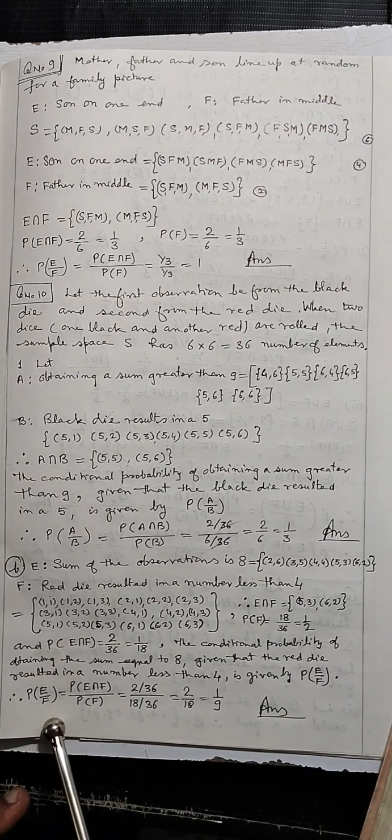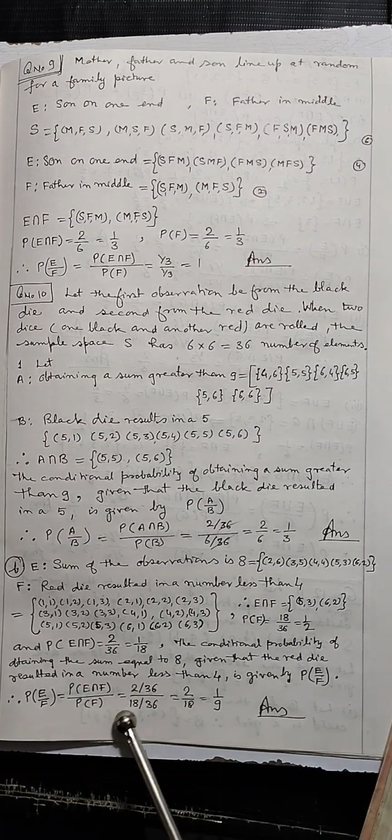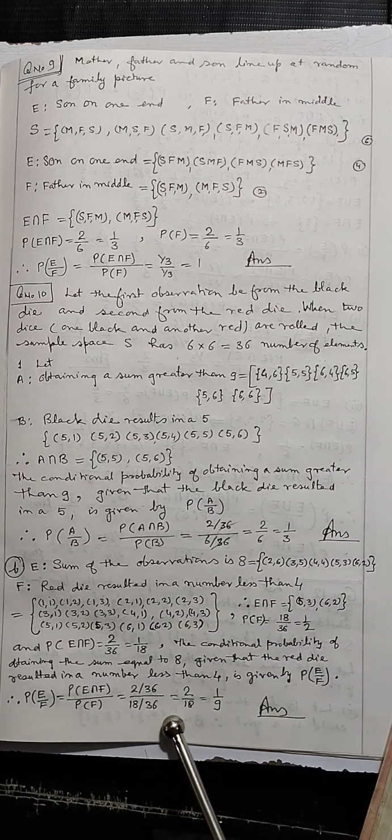So probability of E by F will be equal to the probability of E intersection F whole divided by probability of F. It will be equal to 2 by 36 whole divided by 18 by 36.